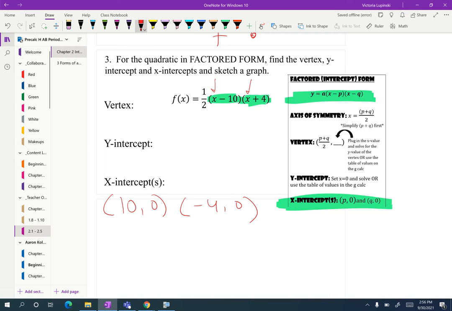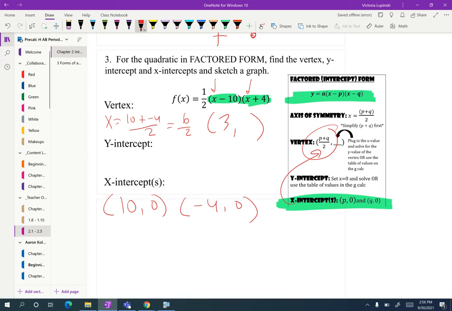The reason why you have to find those x-intercepts first is you now need to use p and q in order to find the vertex. So you're going to do (p plus q) over 2. So you're going to go ahead and do 10 plus -4 divided by 2. That is going to give you 6 over 2, which is going to give you a 3, something.